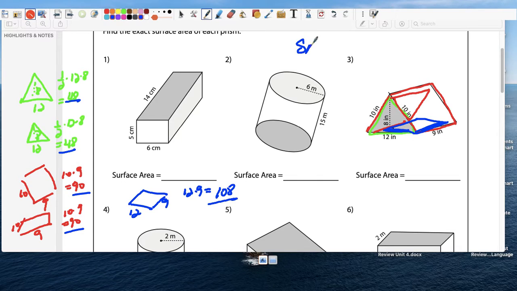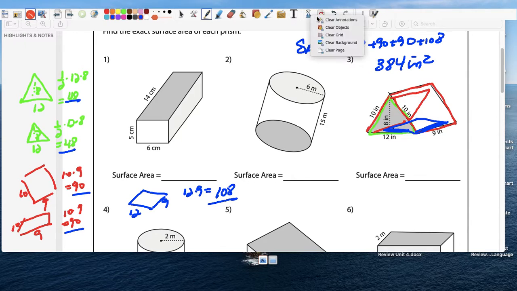Surface area equals 48 plus 48 plus 90 plus 90 plus 108, which equals 384 inches squared. That's number 3.